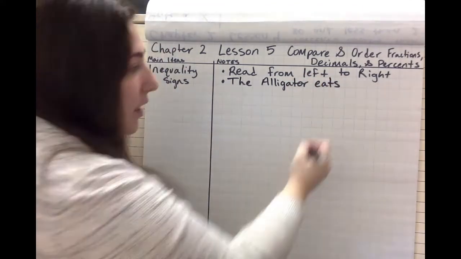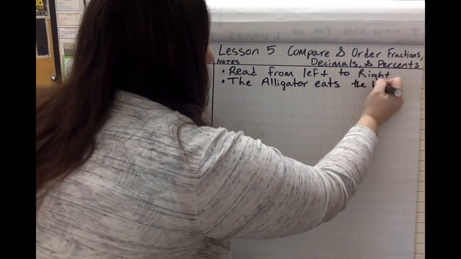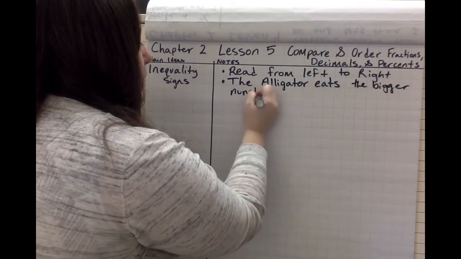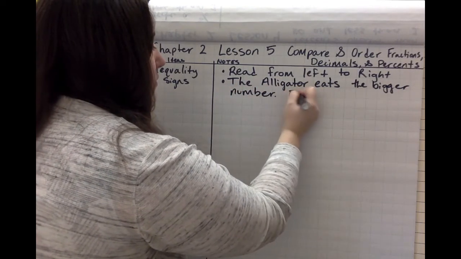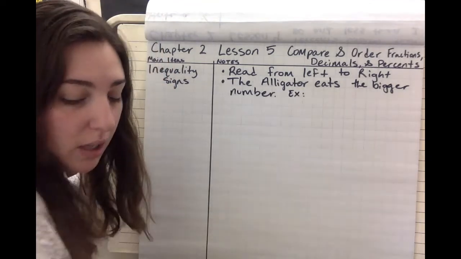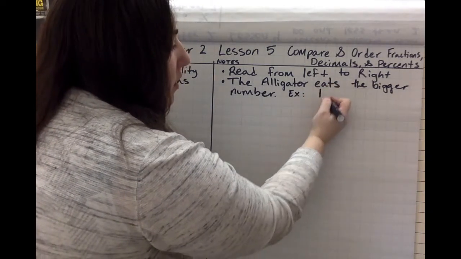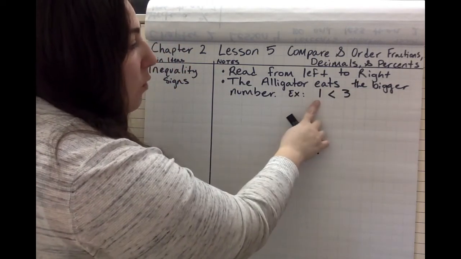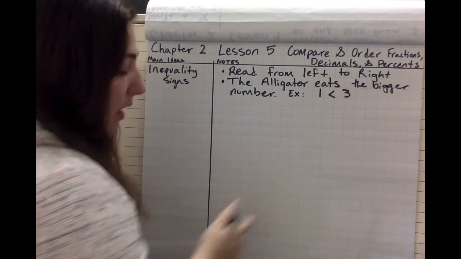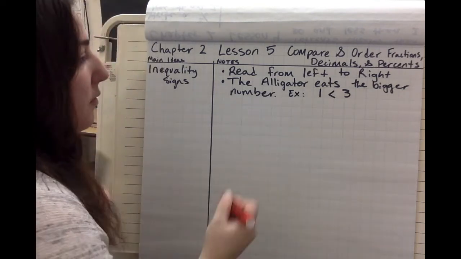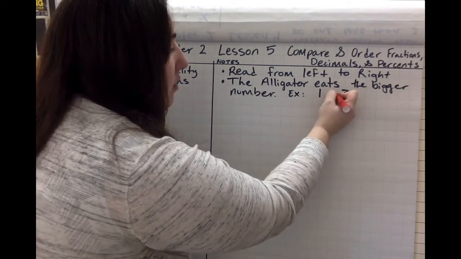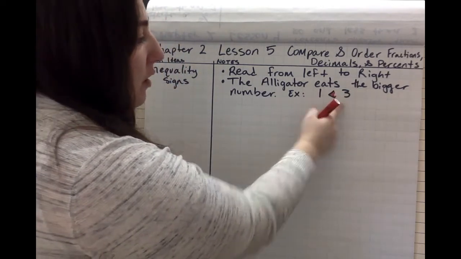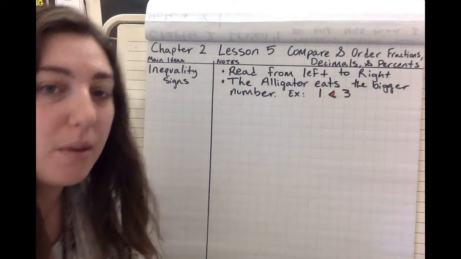So the alligator eats the bigger number. Example, 1 is less than 3. Again, I read this from left to right. 1 is less than 3, and I'm going to draw some teeth in my alligator. So this is an alligator, and it wants to eat the bigger number. That's one way to remember it.